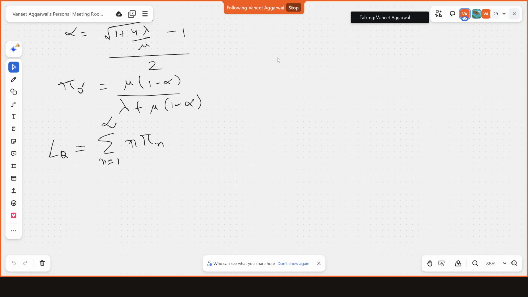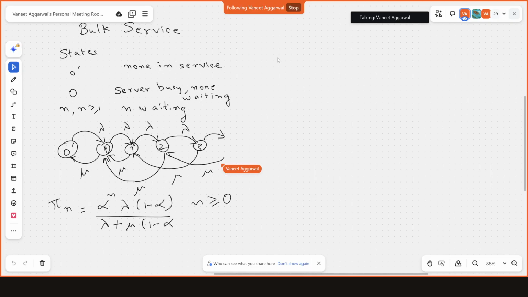We have the expression of pi n from the previous page. So we substitute that. It is lambda times 1 minus alpha over lambda plus mu times 1 minus alpha. This part is independent of n. And then we had n times the remaining thing, which is alpha to the n. So to see this, let's go back to pi n.